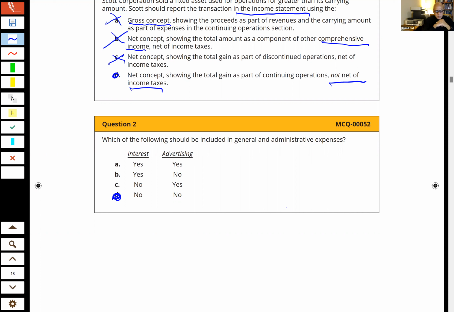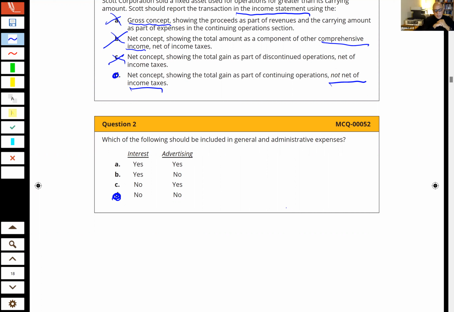I see that. That's actually where I was coming from, Professor, earlier, because I know a relative of mine has a lending institution, where I definitely know advertising should not be G&A, but I was thinking interest could be, depending on the type of business. That's why I just put it in G&A.